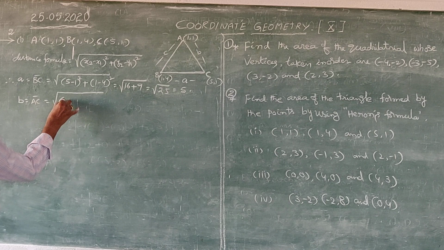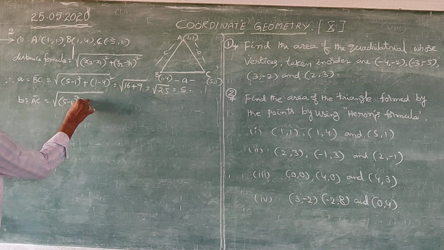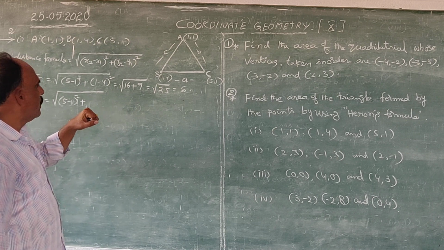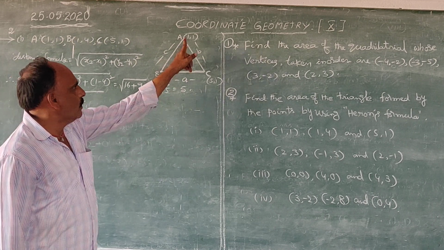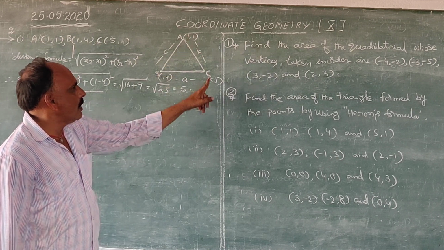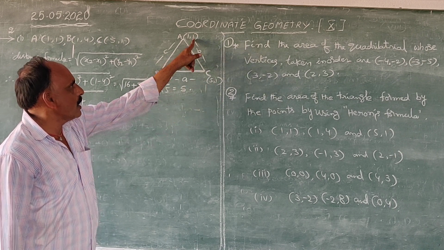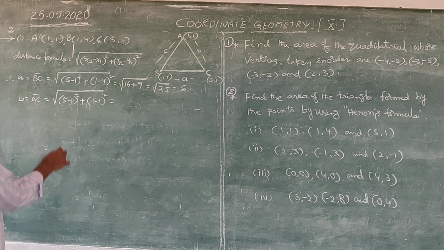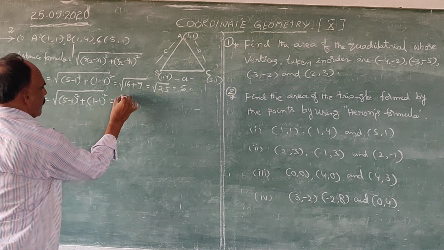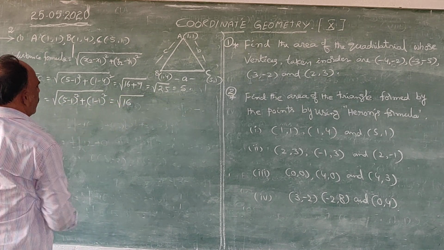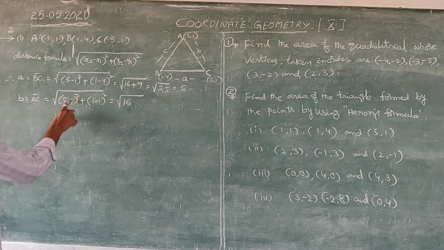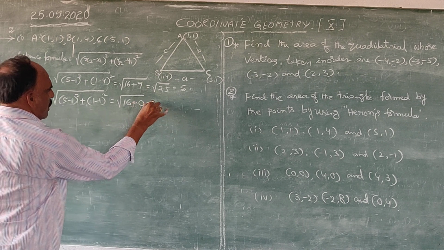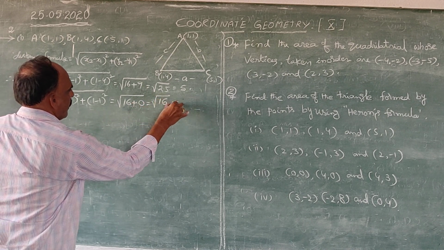So (5 minus 1) whole square, plus (y2 minus y1) whole square. y1 is 1, y2 is 1. So 1 minus 1 whole square. 5 minus 1 whole square is equal to 16. 5 minus 1 is 4, and 4 square is 16. Plus 1 minus 1 is 0, 0 square is 0. So root 16 is equal to 4.